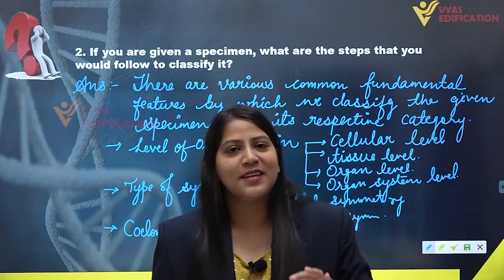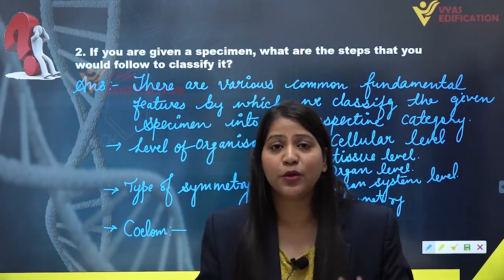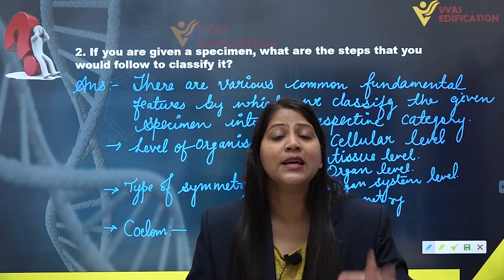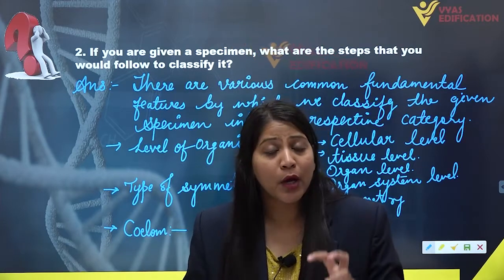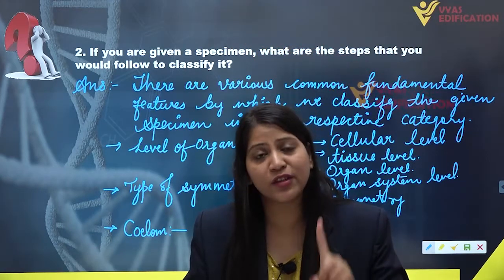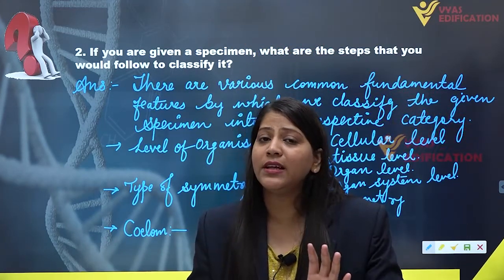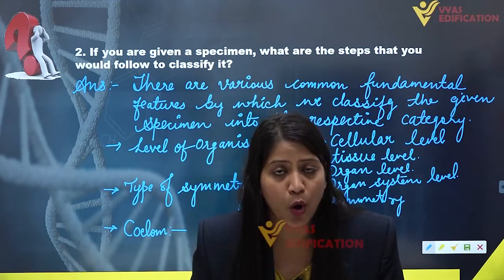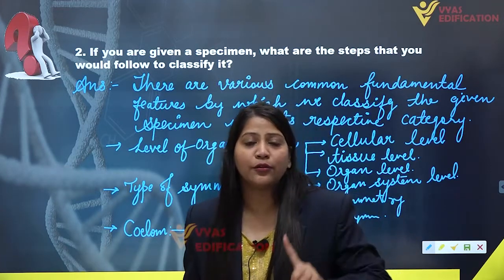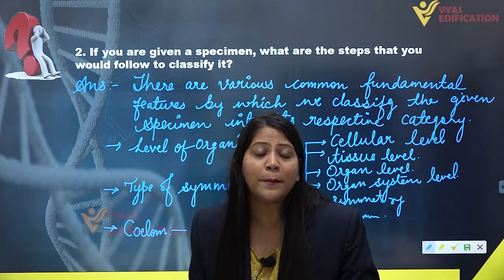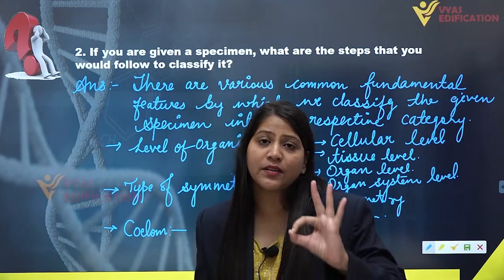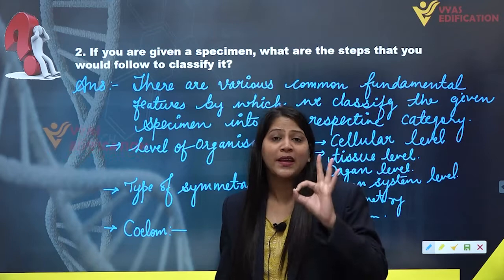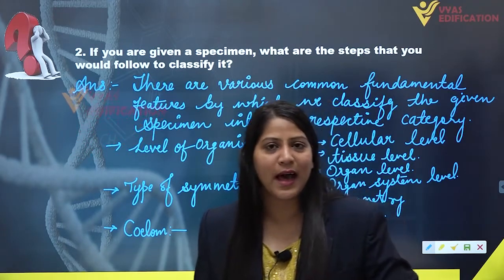If any animal has a fluid-filled cavity between the body wall and the gut wall, then the animal is said to be a coelomate animal, because there is a true cavity which is filled with fluid. That cavity is known as the coelomic cavity, and an animal having that cavity is known as a coelomate animal.